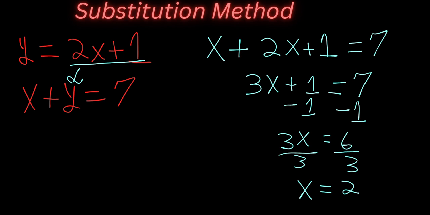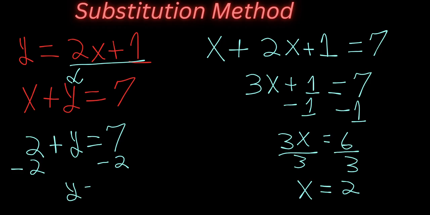All right, now that we found x equals 2, we plug it back into either one of these original equations. So we now have 2 plus y equals 7. We subtract 2 from both sides, and we get y equals 5.